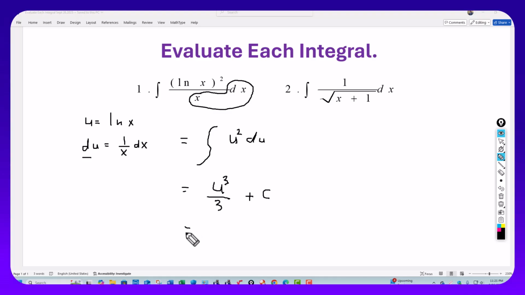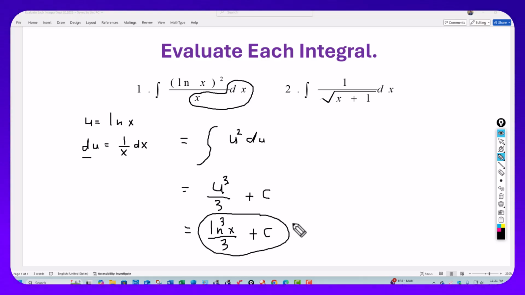And then we always go back to the original variable. u was equal to ln of x. Let's put the ln of x here. We can put the cube here, or we can put it in parentheses and then cube it. Either way, we get ln to the third power of x over 3 plus the constant of integration.